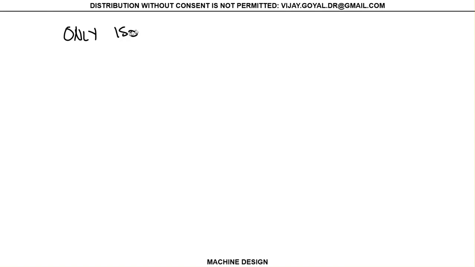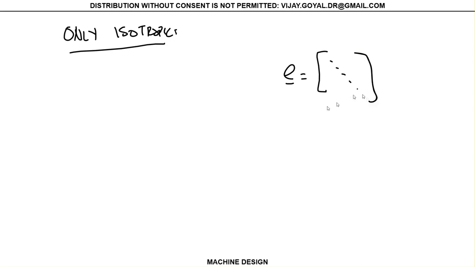If I had a state of strain, right? I can find my principal state of strain from here, and then from here I can find my state of stress directly from here, okay? So that is also possible.